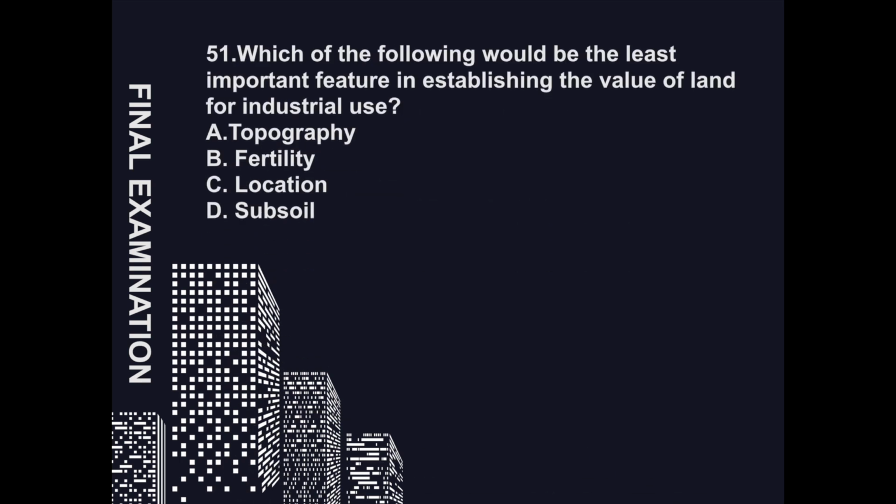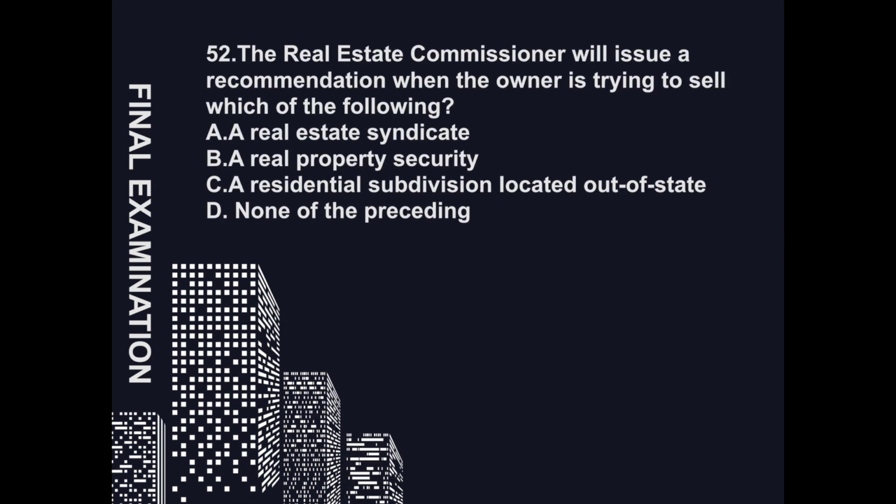Which of the following would be the least important feature in establishing the value of land for industrial use? Fertility. The real estate commissioner will issue a recommendation when the owner is trying to sell which of the following?